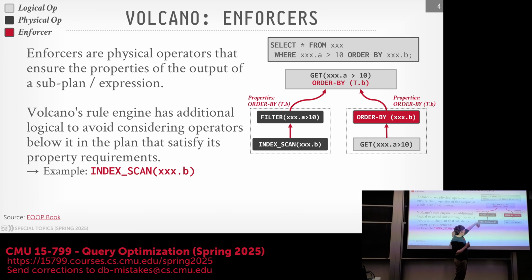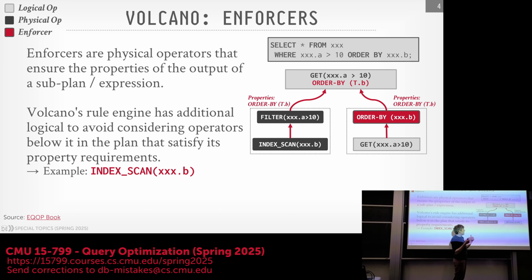In this case, for this expression, it has the property that the data is going to be ordered on column B. That guarantees it satisfies the property required by the root.